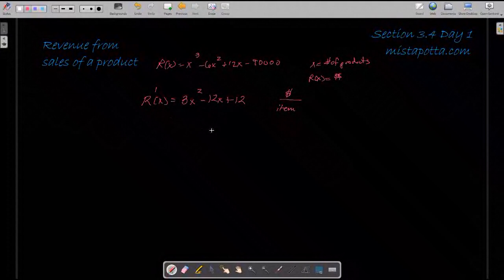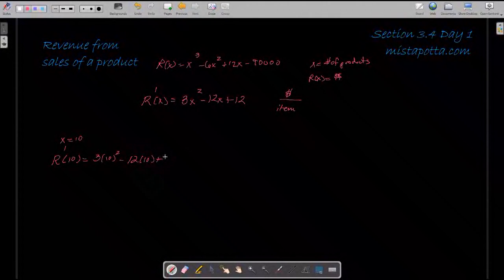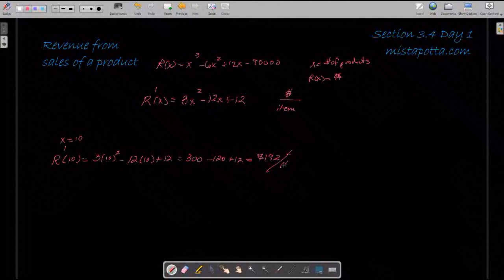And there's a couple of ways to look at this. One is at x equals 10, the amount of change of revenue is described by 3 times 10 squared minus 12 times 10 plus 12, or 300 minus 120 plus 12, or $192 per item.